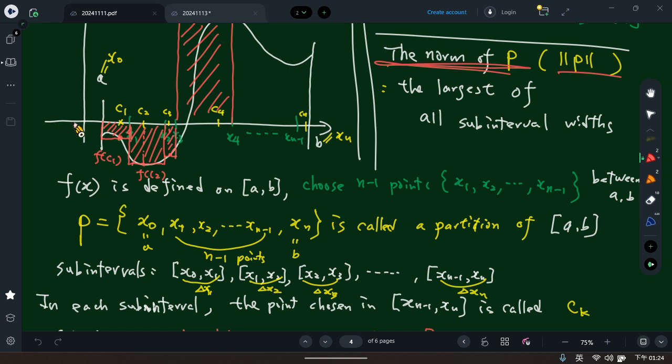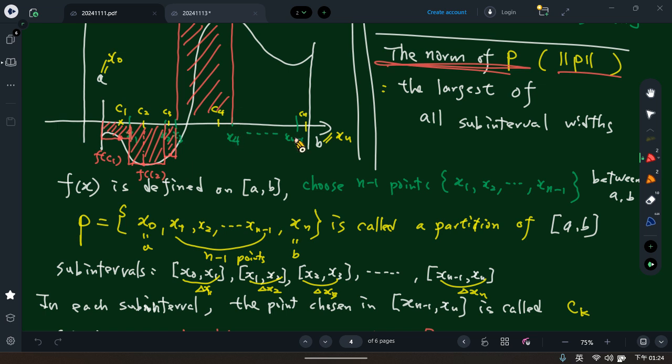So we can divide the whole interval AB into n subintervals. The subintervals will include x0 to x1, x1 to x2, and so on and so forth to xn minus 1 to xn. That means B, right?